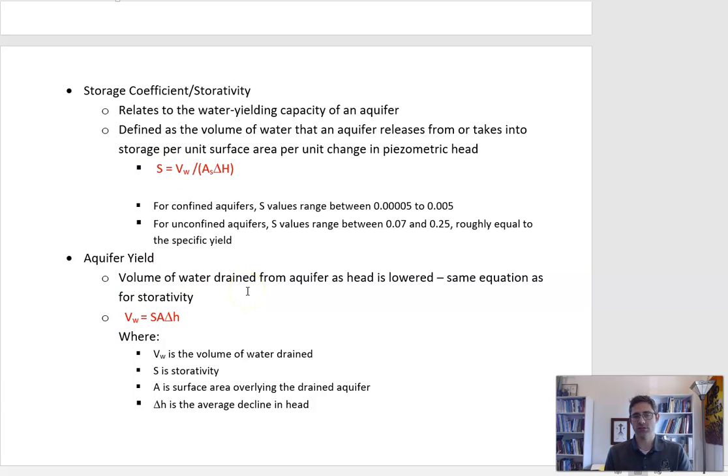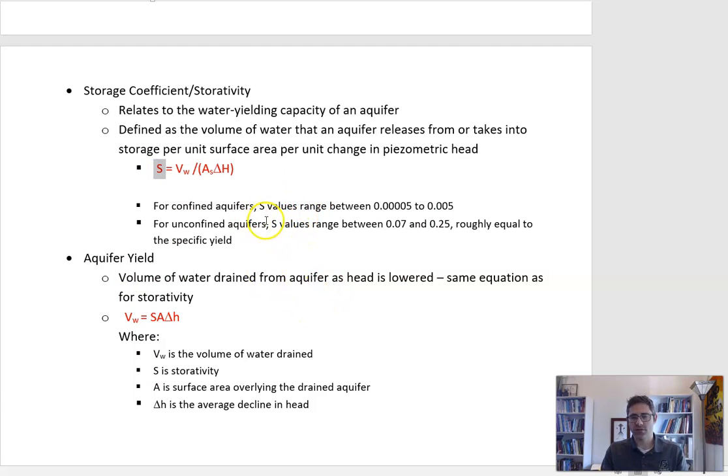It's the same equation for storativity. So how much water comes out? If I have an unconfined aquifer and I lower it by 1 foot, how much water comes out? Well, that's the storativity times my surface area, times that 1 foot that I lowered it. So that storativity value, there are different ones for different kinds of aquifers.